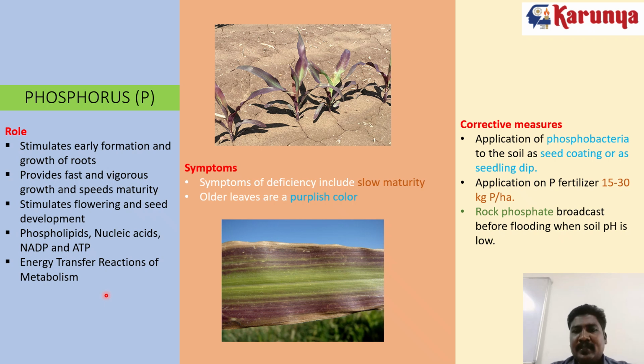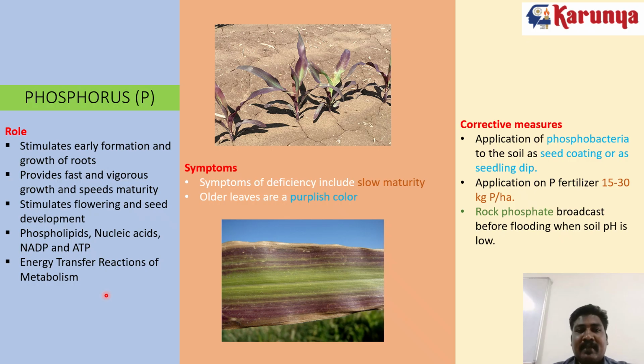For corrective measures, you can apply bacteria to the soil, as a seed coating or seed dipping, and application of an extra 15 to 30 kg of phosphorus fertilizer may help for more phosphorus availability. You also have to check the pH of the soil.